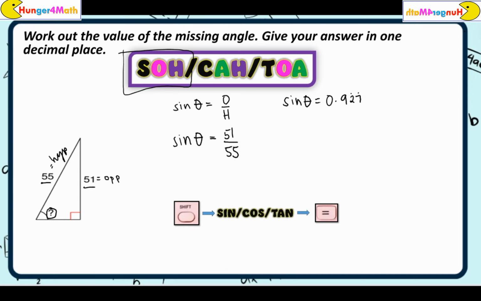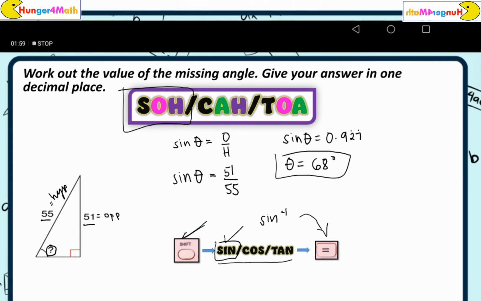Afterwards, we are going to press shift and then the trigonometric ratio that you use, which is the sine. So shift sine, afterwards it will show sine to the power of -1. Afterwards press equal. That will turn into theta is equal to, in 1 decimal place, 60 degrees. So that is the value of our angle.